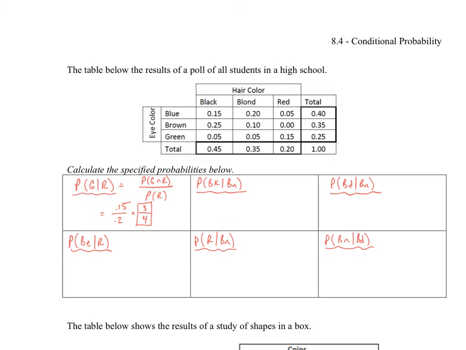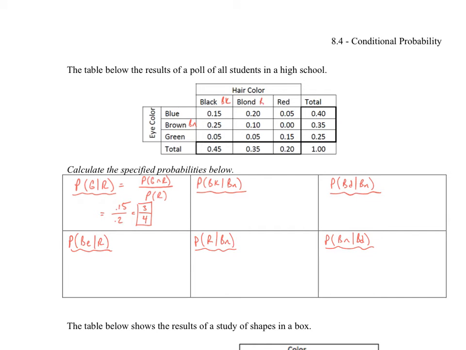All right, so you should write these down, and then you should try to calculate them on your own, but I'm just going to quickly cover what these mean. Okay, so this is the probability of black hair given brown eyes, and I can just kind of fill in. Black hair is BK, brown eyes is BN, and then we've got the probability of blonde given brown eyes.